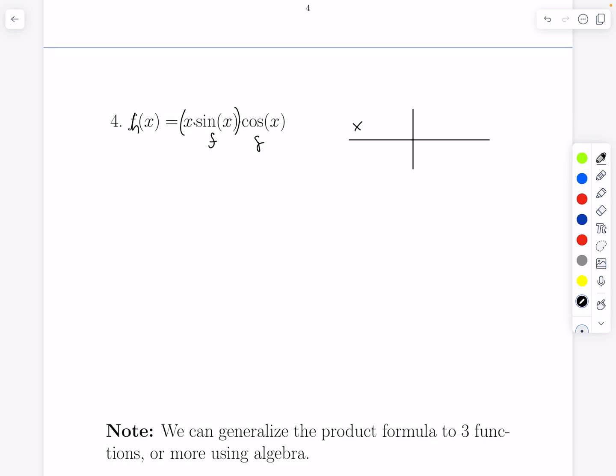Okay, now I say I grouped it like that because the product rule only works with two functions. My first function is x times sine x. And my second function is cosine x. And then I fill in what I can. So I know the derivative of cosine is minus sine x.